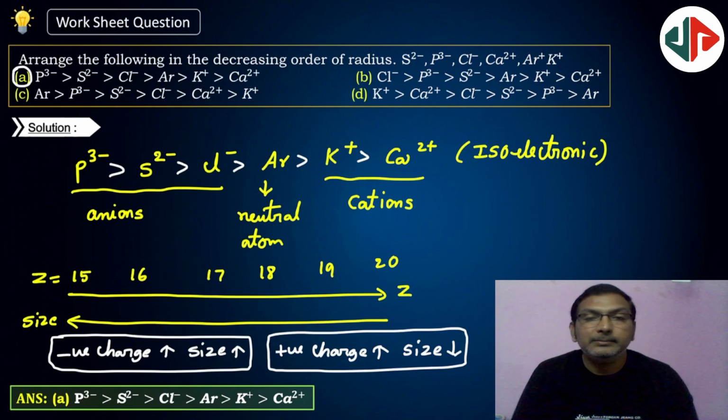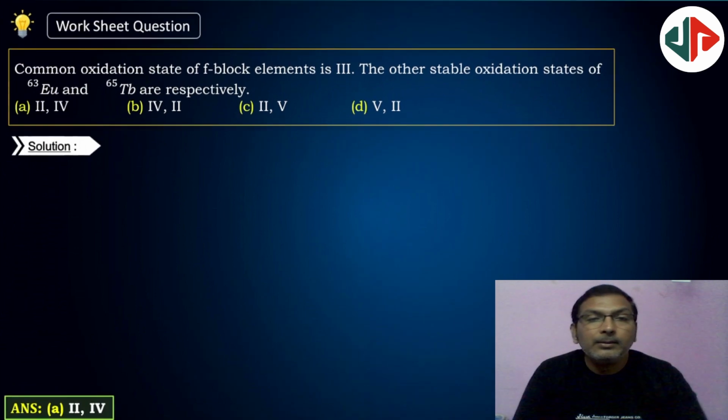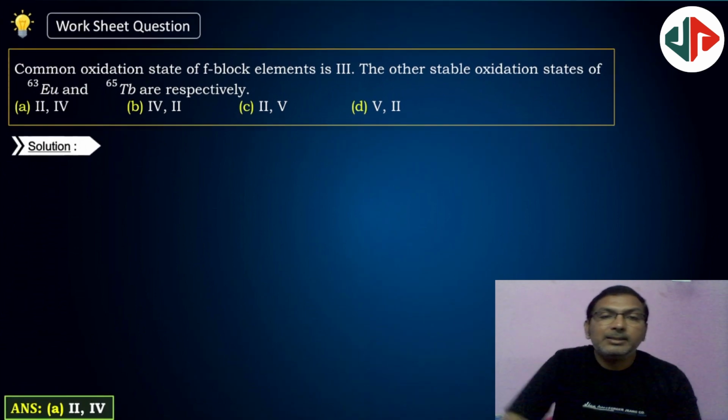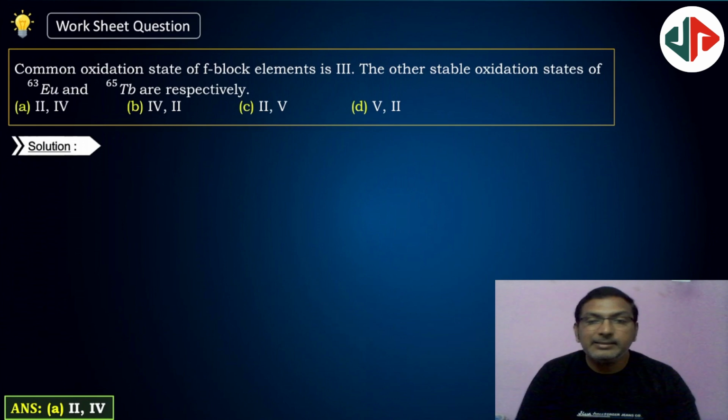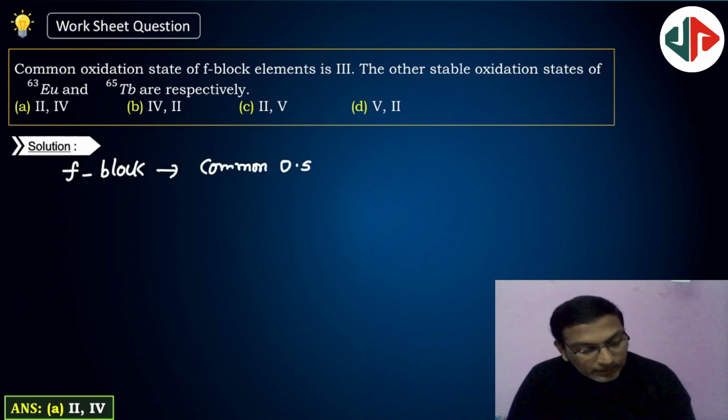Next question. Common oxidation state of F-block elements is 3. For F-block elements, common oxidation state plus 3, or we can write Roman number 3.